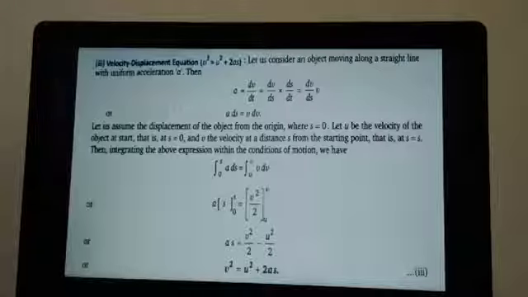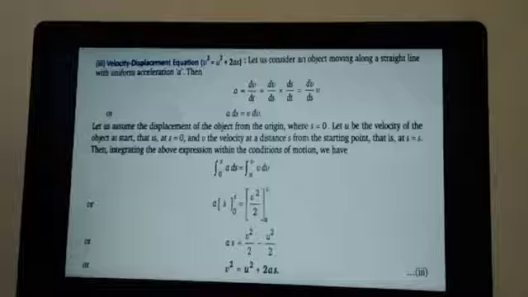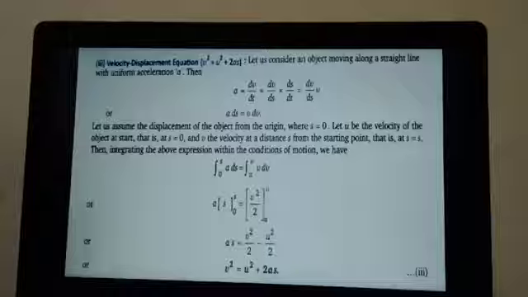The left hand side becomes a into s minus 0, that is as, and the right hand side becomes v square by 2 minus u square by 2. Upper limit is v and lower limit is u. So v square minus u square is equal to 2as, and v square is equal to u square plus 2as.